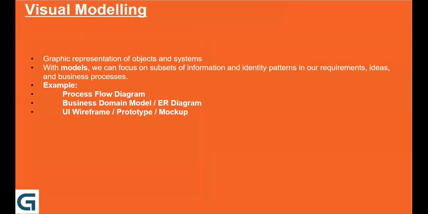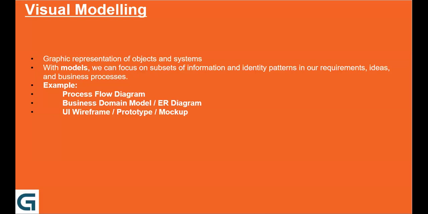In visual modeling, I want two different people to read these two bullet points. Graphic representation of objects and systems. The second one: with models, we can focus on substance in information and identify patterns in requirements, ideas, and business processes.